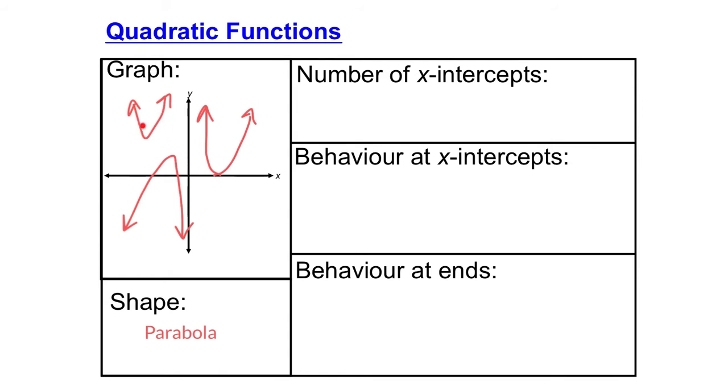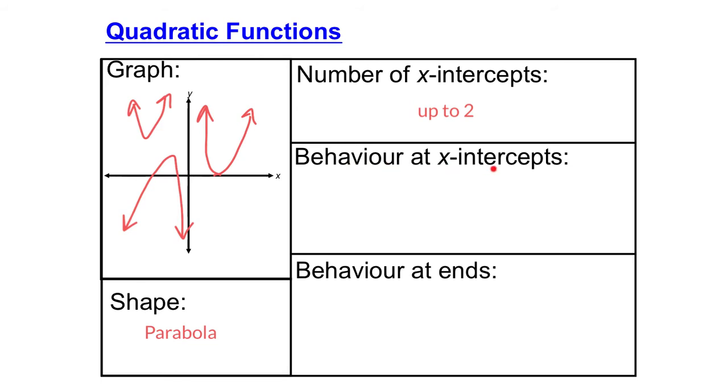If you have something like this, there are going to be no x-intercepts. If you have one like this, where the vertex is right on the x-axis, then that is one x-intercept. And if you have a parabola like this, it can cross the x-axis at 2 different points. So it can have up to 2 x-intercepts.